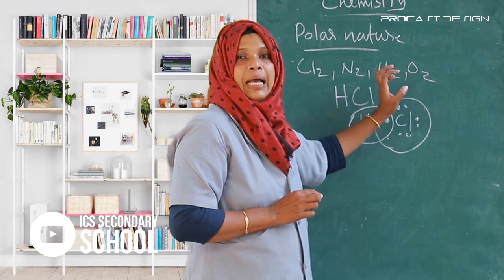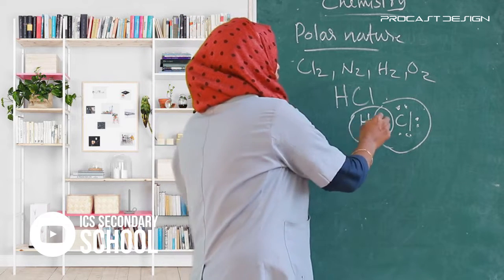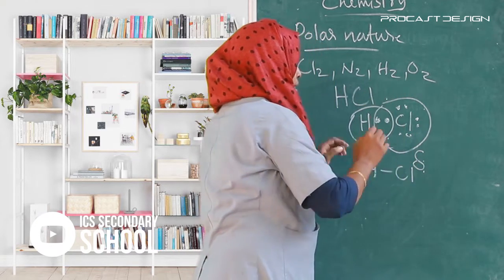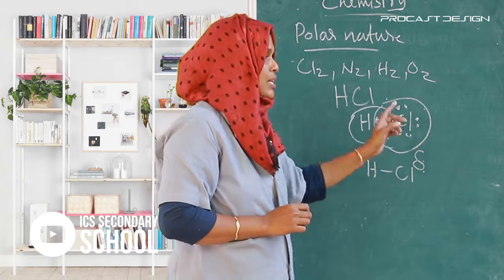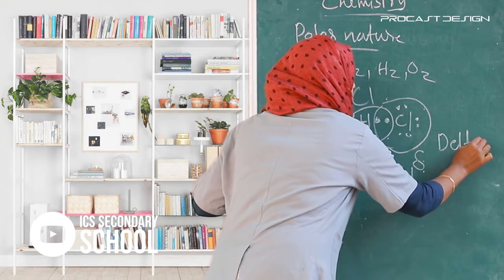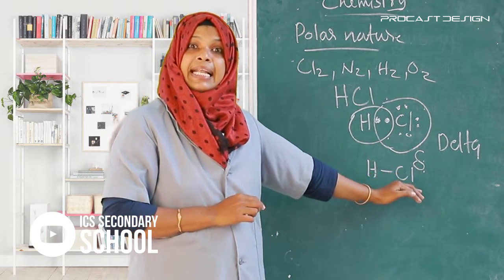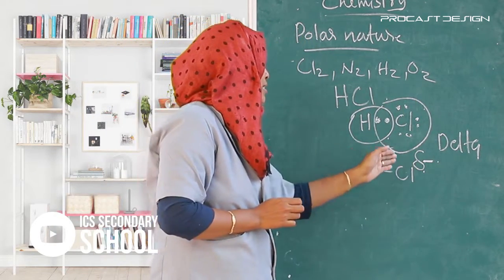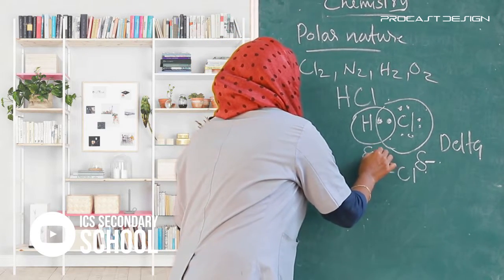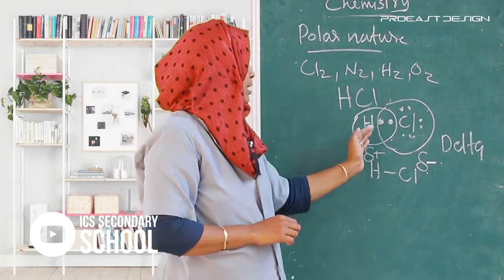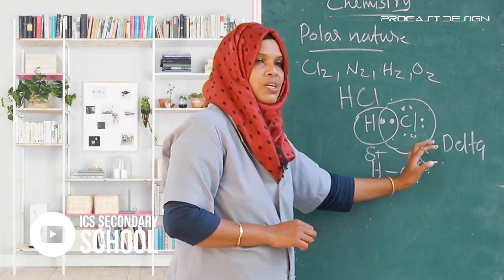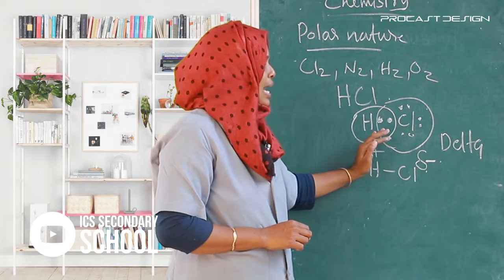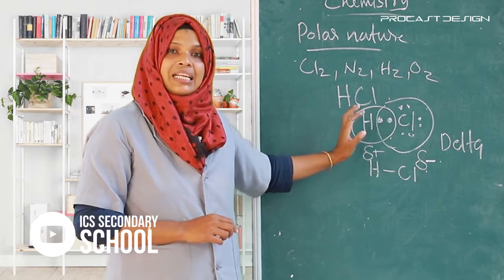The chlorine atom gets a partial negative charge, and we represent this partial charge using the symbol delta. In the hydrogen chloride molecule, chlorine gets a partial negative charge and hydrogen gets a partial positive charge, indicated as delta negative and delta positive.